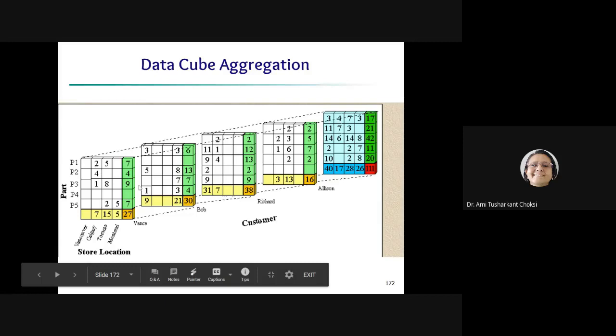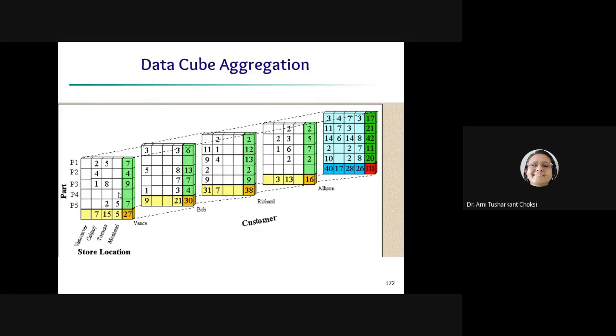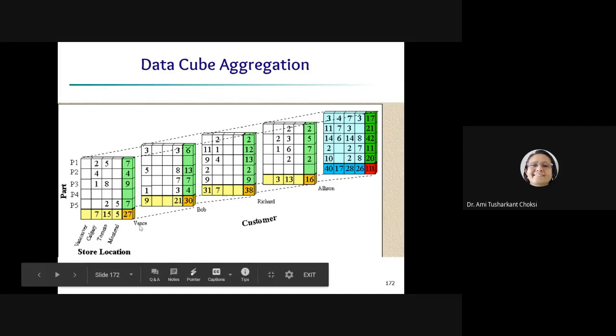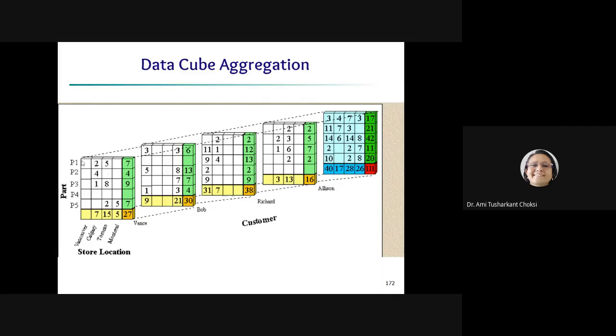Now, what does this particular cube consider? For a customer, what is the location, and from which location has this person purchased which part? Right, that is the computer part.